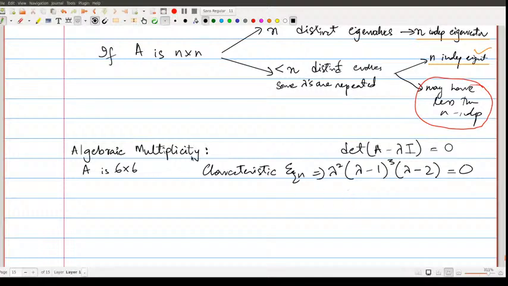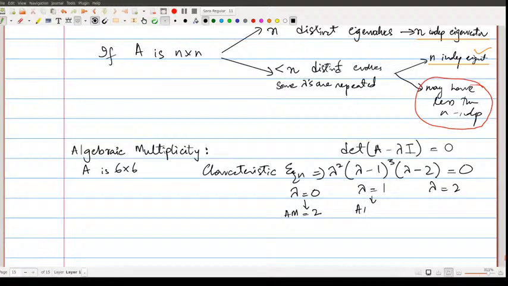Let's find the eigenvalues first. The eigenvalues are lambda equals 0, lambda equals 1, and lambda equals 2, by solving each of them independently. But this eigenvalue has an algebraic multiplicity of 2 because it was factorized twice in this characteristic equation.